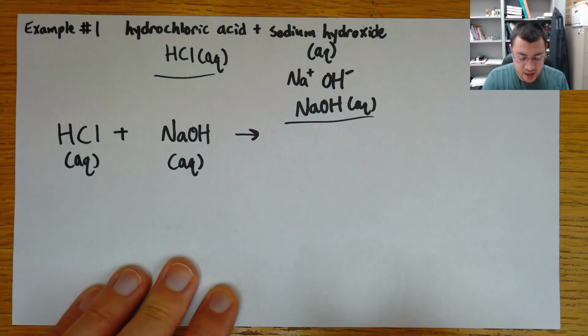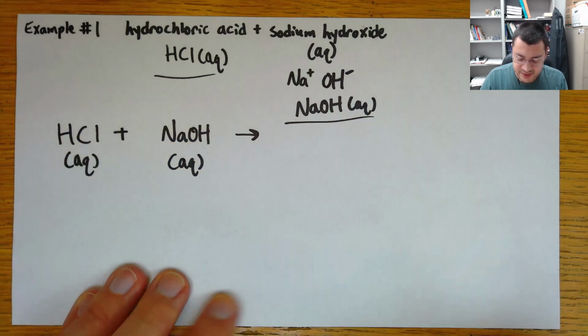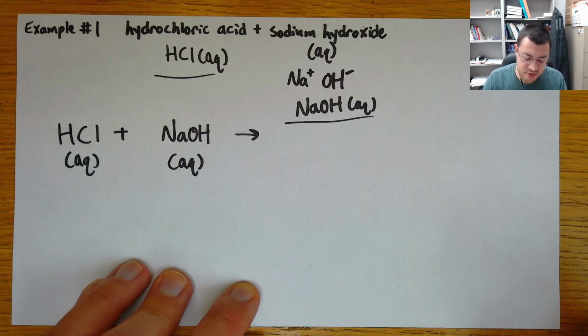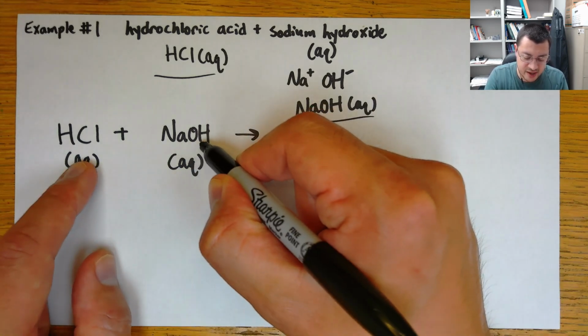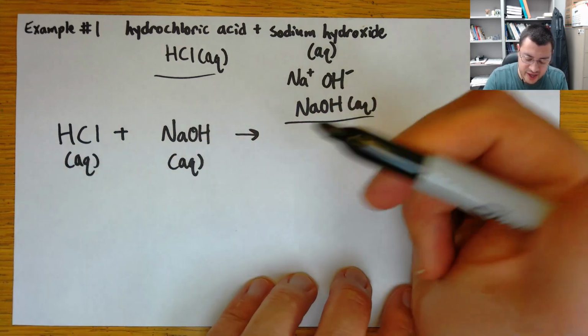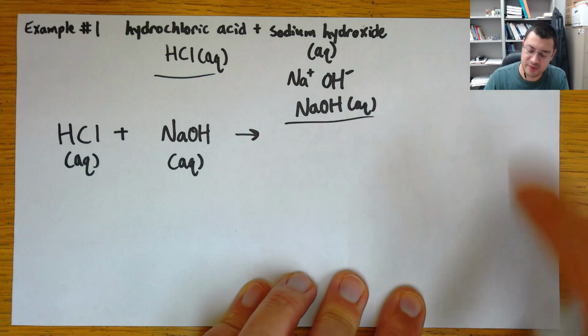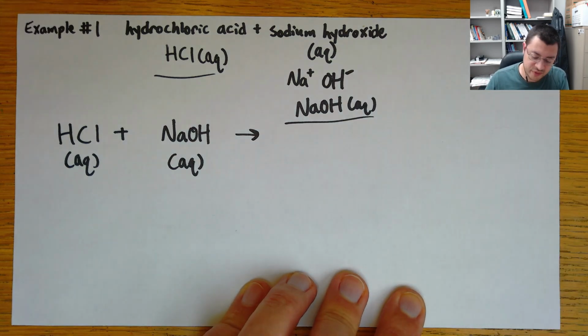This is double displacement, which means we're going to have to figure out the products through a swapping of the anions. We can't just simply swap up here like I showed in the previous video with precipitation. In double displacement reactions, we have to consider how to make each product neutral.